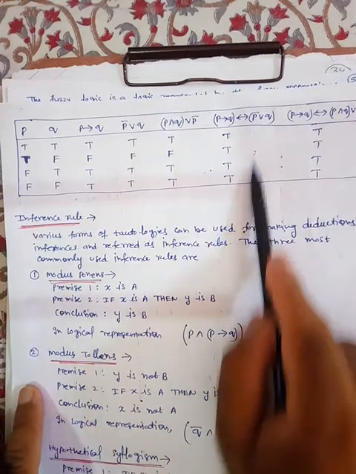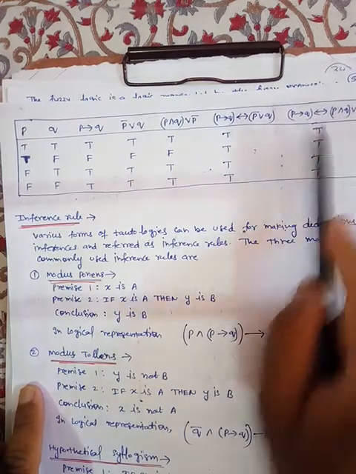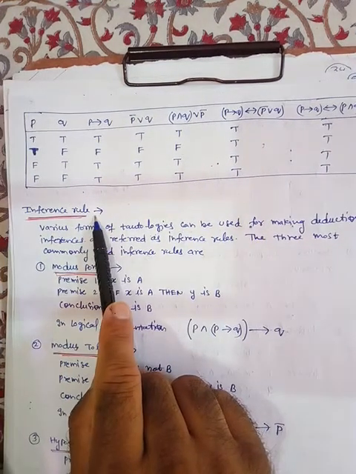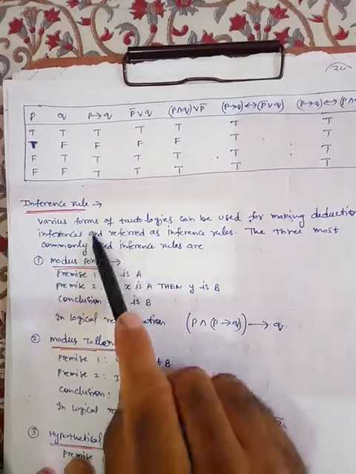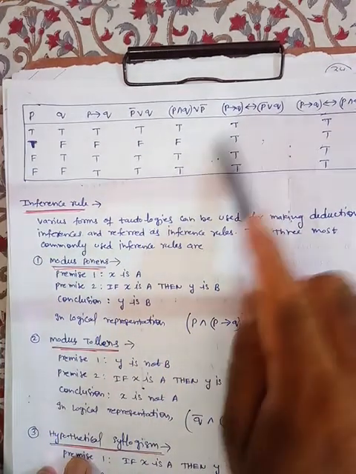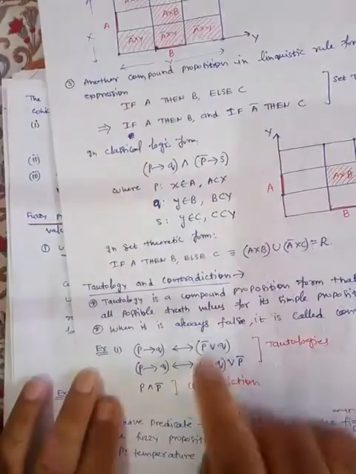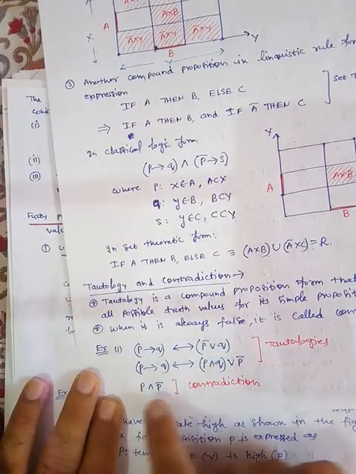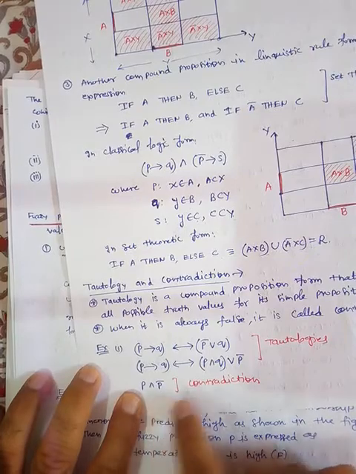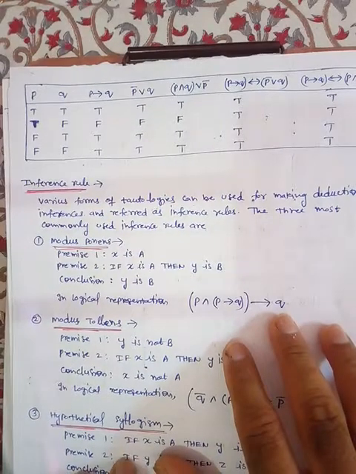So this is a tautology, this is a tautology. We have discussed these tautologies. P meet P bar is a contradiction and you can verify very easily. So this is a contradiction.